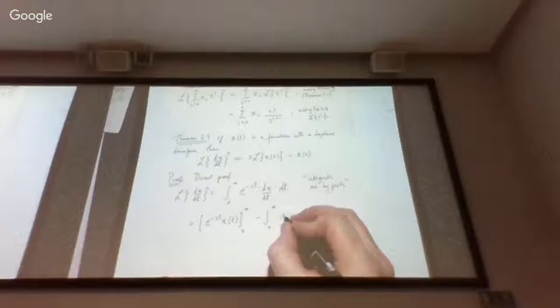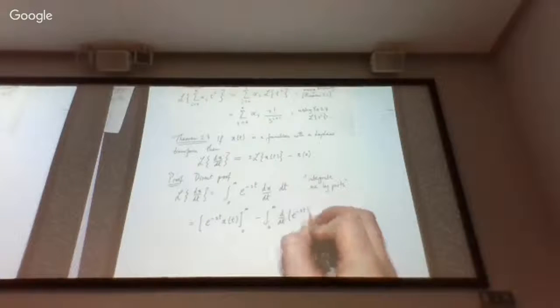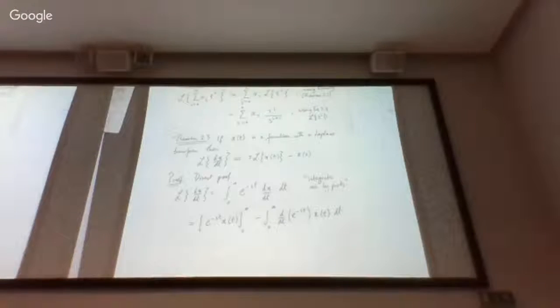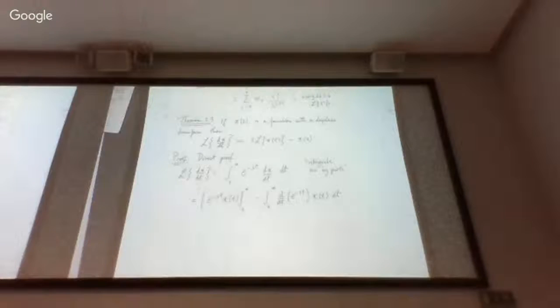So we do d/dt of the exponential e to the minus st, and we have x of t left alone, undifferentiated. So that's integration by parts. Dealing with the unknown function x, but you see in the original integral it's the derivative of x. So you can just apply the integration by parts property.